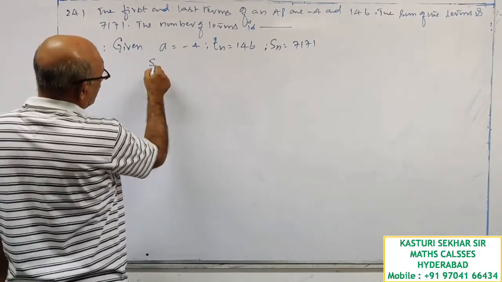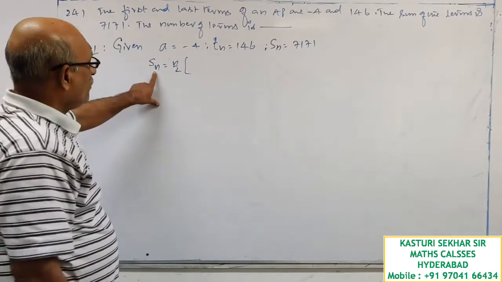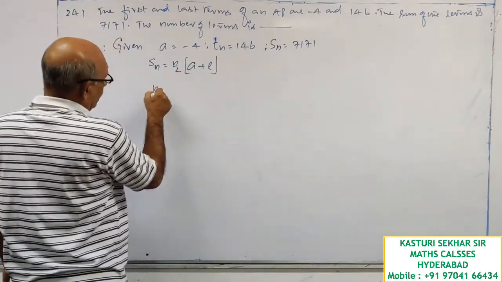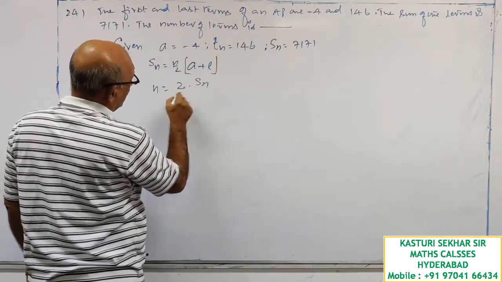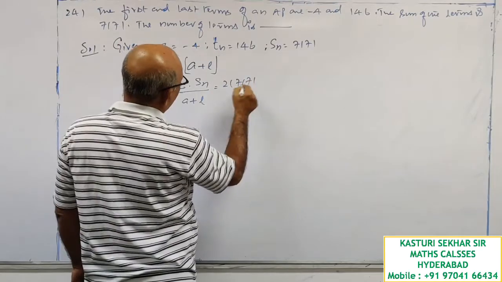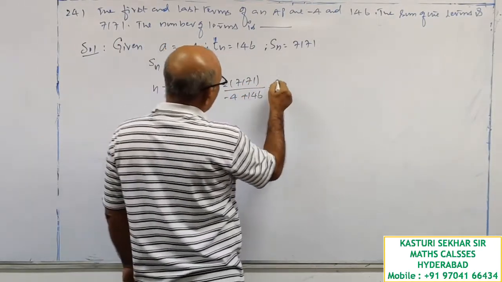Last term is given, first term is given. Sn is equal to n by 2 into A plus L. So n is equal to 2 into Sn divided by A plus L. 2 into 7171 divided by -4 plus 146.